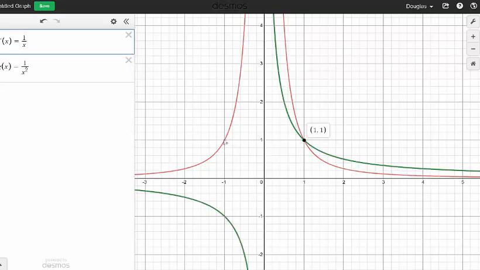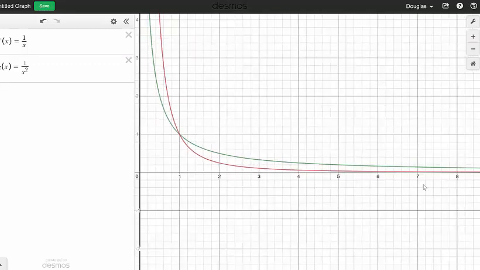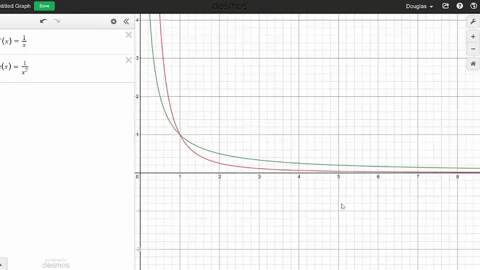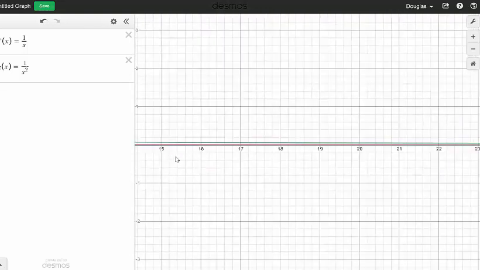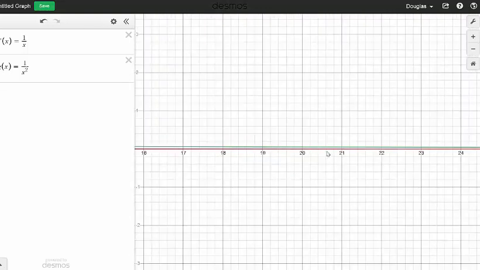Note they have the same magnitude here, and note that after that, 1 over x squared is slamming down into the axis much faster. It's important to note that it will never reach the axis. Right, we can go way, way far out. If you look right here, it looks like it's about touching the axis.